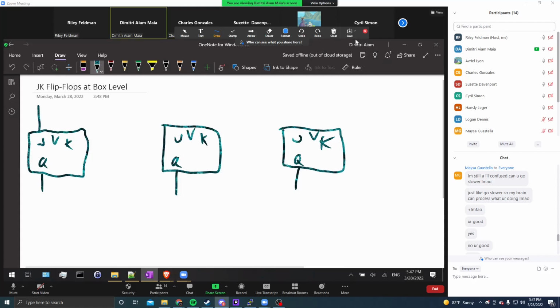So the first thing you do, you connect the J and the K like this. And then you pass this over here to an AND gate. And then you just keep going through AND gates. These over here on the bottom would be the bits.